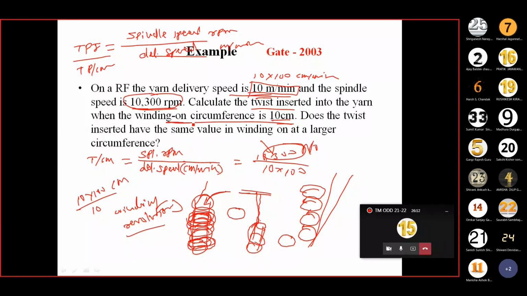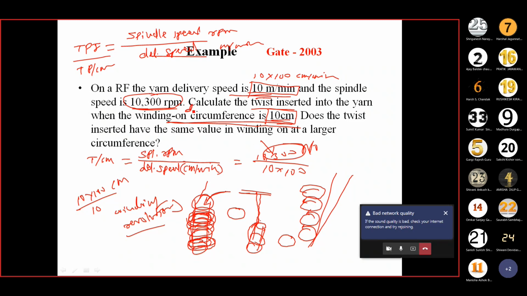Here it has been given directly as circumference, so no need to take pi. By including pi, they have given the value. Winding on circumference, they directly told you the value 10 centimeter. Understood? So we are not taking pi here. If you want to find out the circumference, then you have to take pi d.